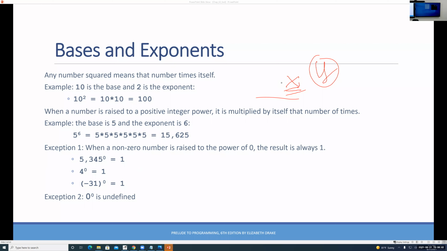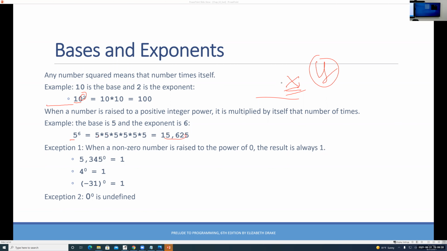So we see this one is 10 raised to power 2. 10 here is the base, and 2 here is the exponent. 10 raised to power 2 means 10 times 10, 2 times, so I have 100 here. And you have 5 raised to the power 6. That means you have 5 times 5 times 5 times 5, 6 times.